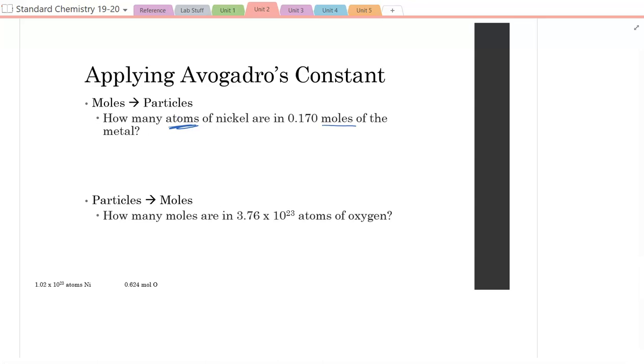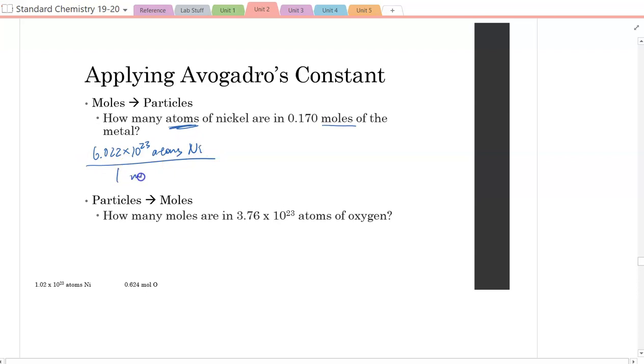So what I can use is Avogadro's constant, because that tells me that 6.022 times 10 to the 23 atoms of nickel is equivalent to 1 mole of nickel. So I can apply this, and I'm given 0.170 moles of nickel. I can use this conversion factor appropriately.